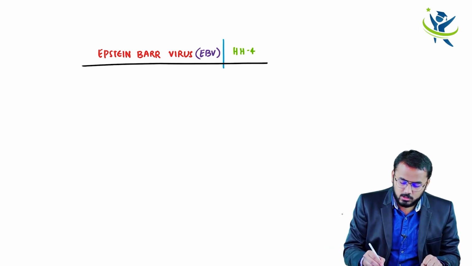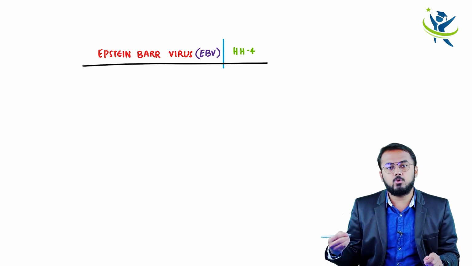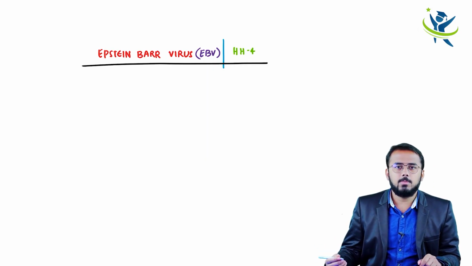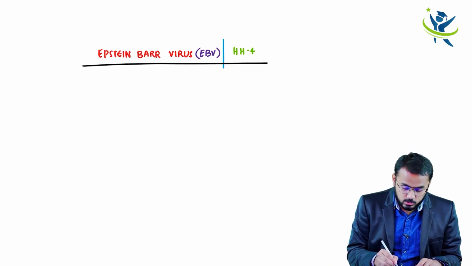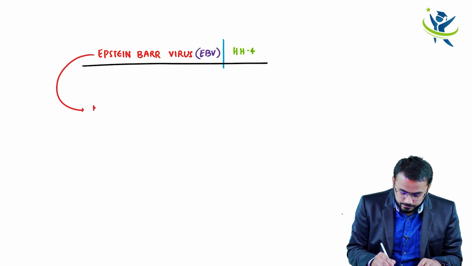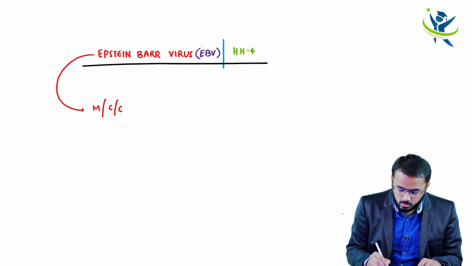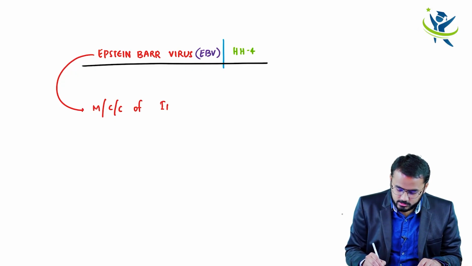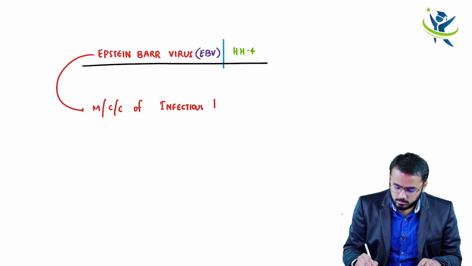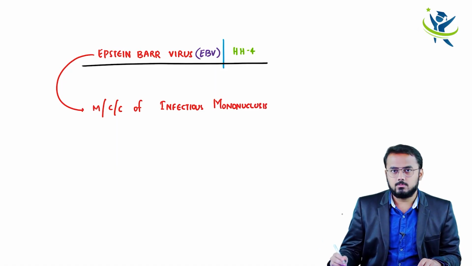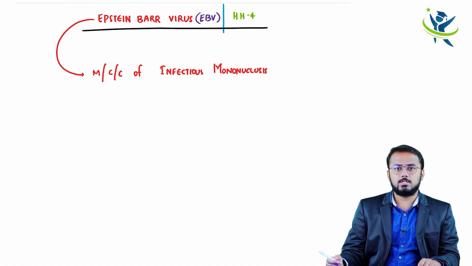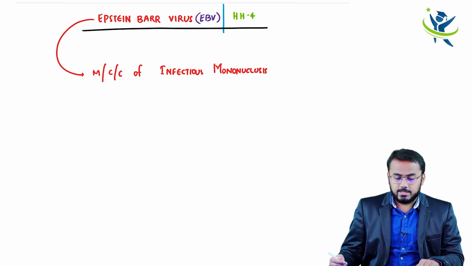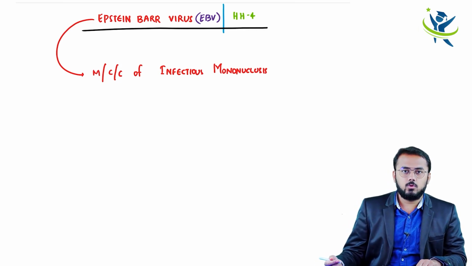If I ask you what is the most common cause of infectious mononucleosis, or simply called mono, the most common cause of infectious mononucleosis is EBV or HH4, I mean Human Herpes-4 virus.